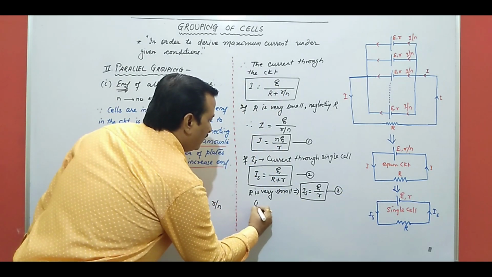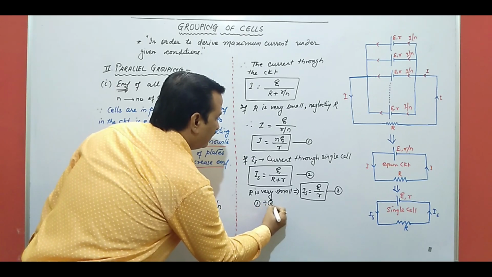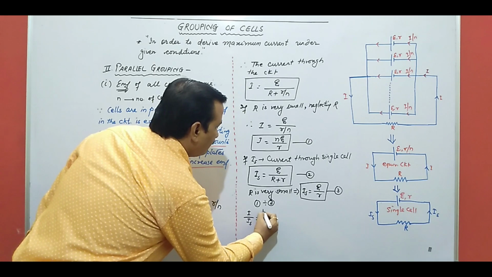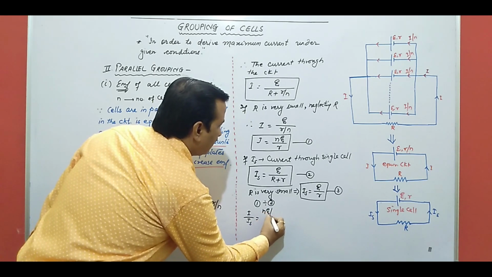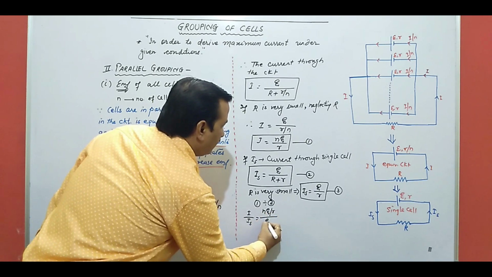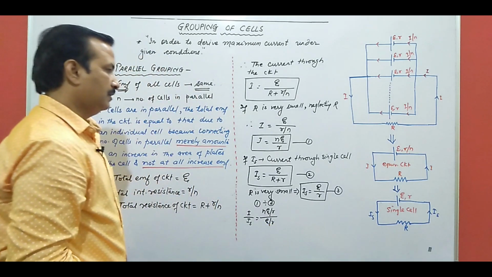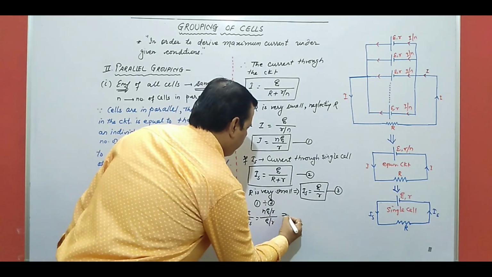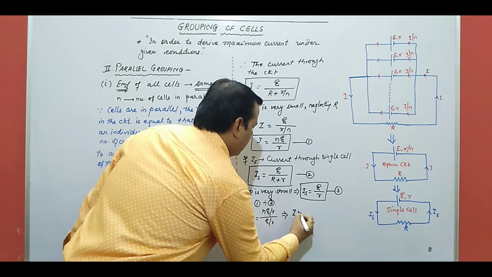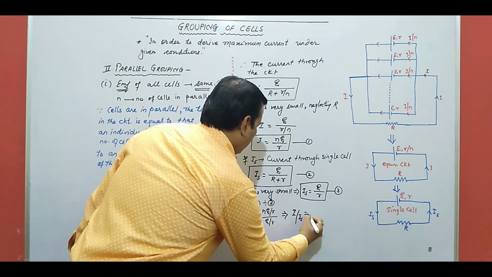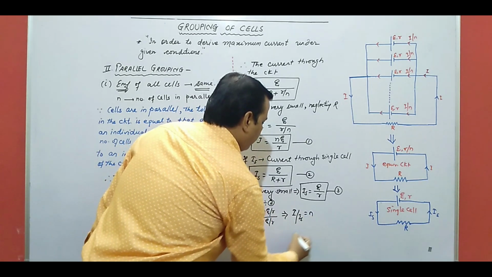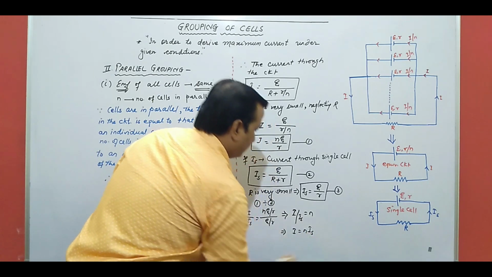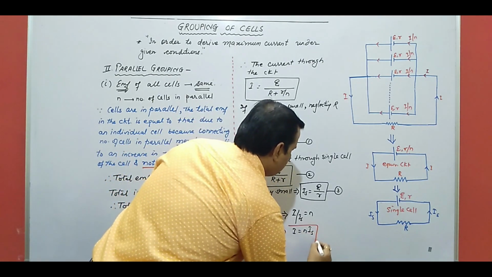So dividing 1 by 3, we will get I upon IS equal to NE upon R upon E upon R. What did we get? Same, I upon IS equal to N, which will give us I equal to N times IS. This you see the result.